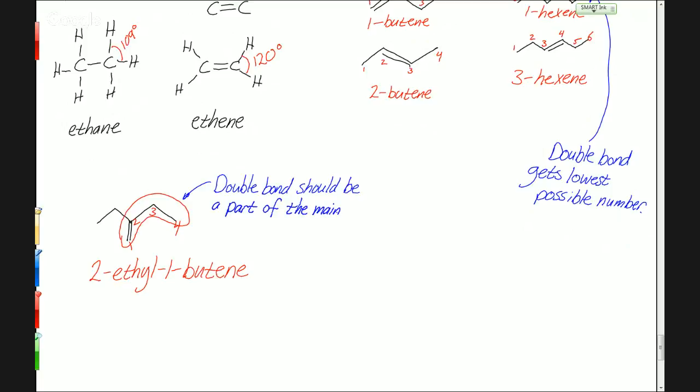The double bond should be a part of the main chain. So it should be part of the main chain and should have the lowest possible number.